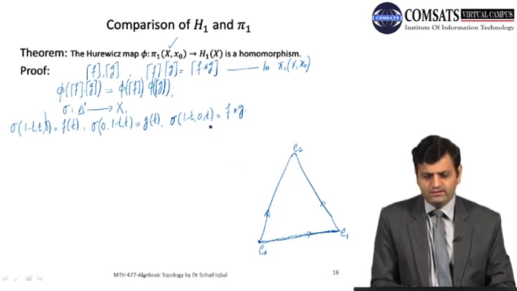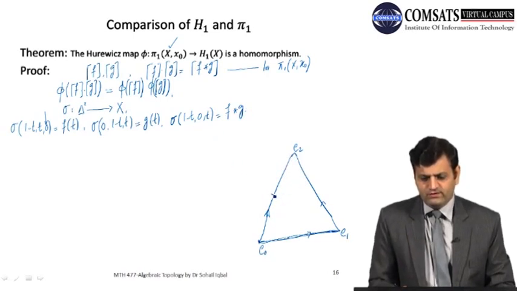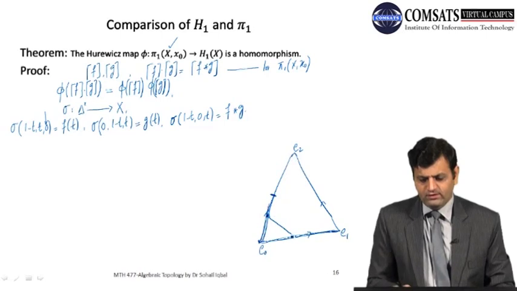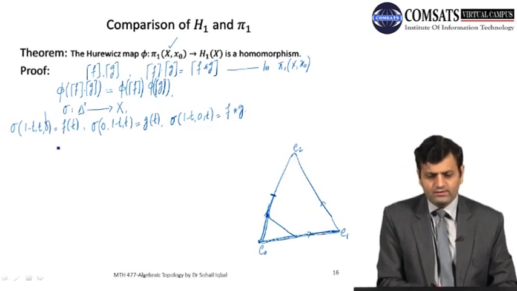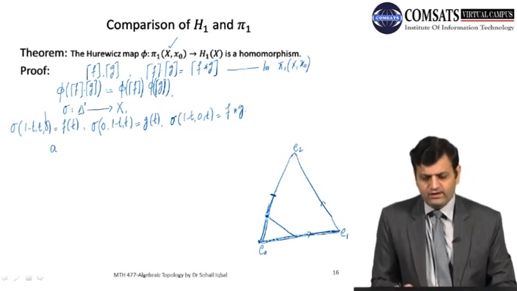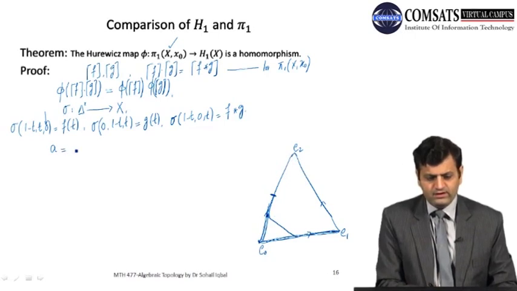Now we can define sigma on the line segment. First divide this line segment joining E0 and E1 into two parts, and then define sigma on this line segment in the following way. The line segment which will join this part with this line, sigma is constant. In other words, the initial point of the line segment is (2 minus t) divided by 2, with no contribution of E1, and t by 2.